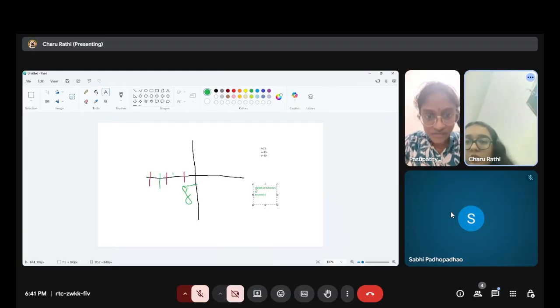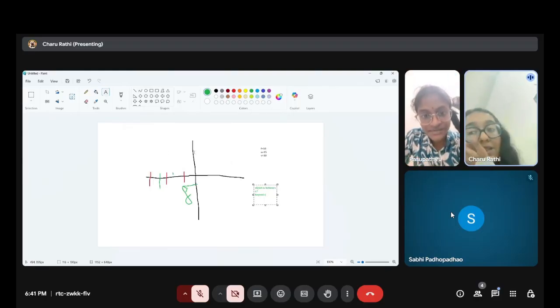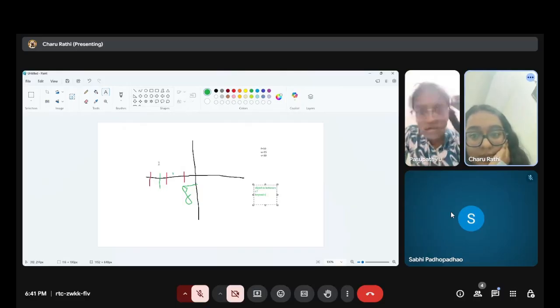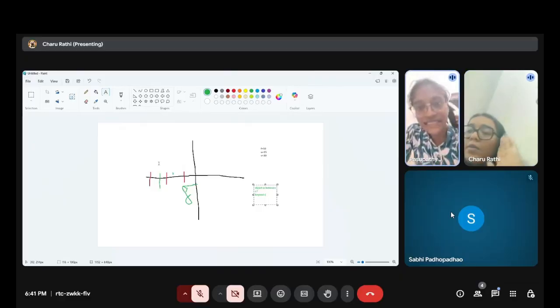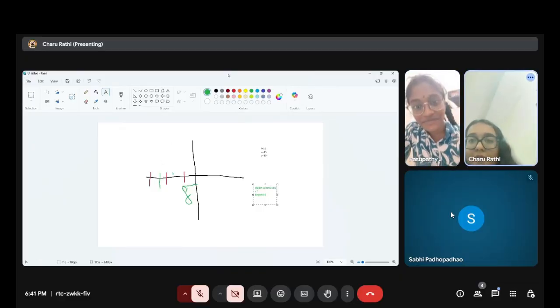Can you check? In the diagram I have drawn, where I have plotted the points given to me, it is clearly showing now. I understood, ma'am.